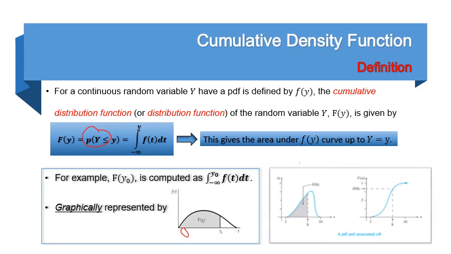The same applies if the curve is different, like for example this curve. If you need from 8 down, we need the area shaded to the left of 8, from 8 up to the starting point where the curve starts, which is 5, and this is considered F of 8 because y is less than or equal to 8.